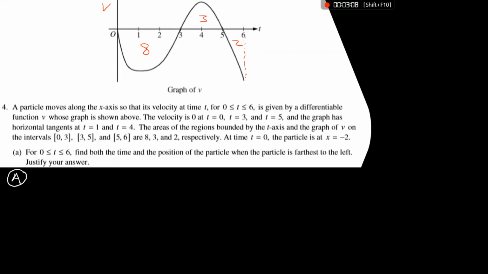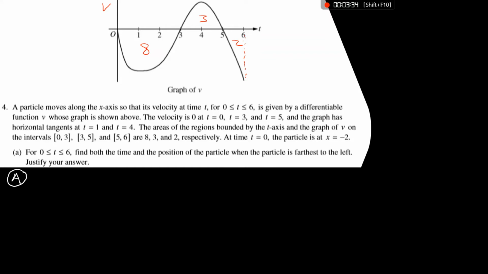Okay, so which is 3 because at 3 it has full negative area. But I don't know how to explain it. It should be 3, I think. Okay, so you're right, this should be 3.